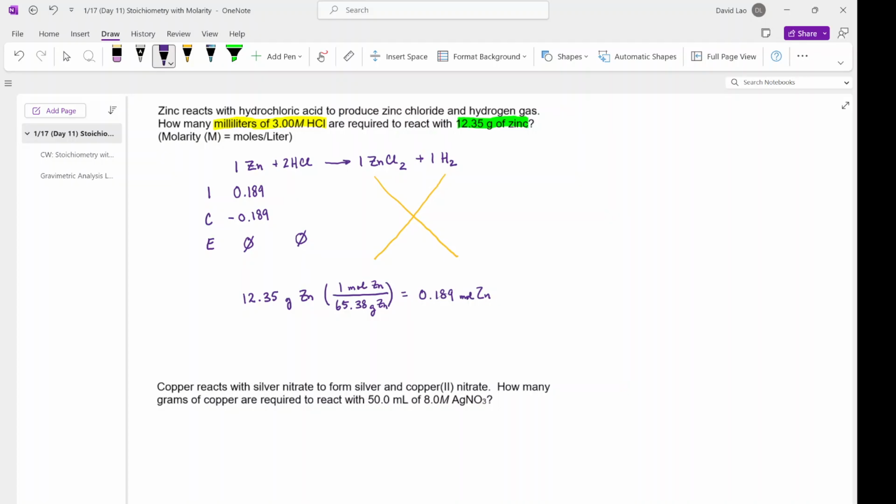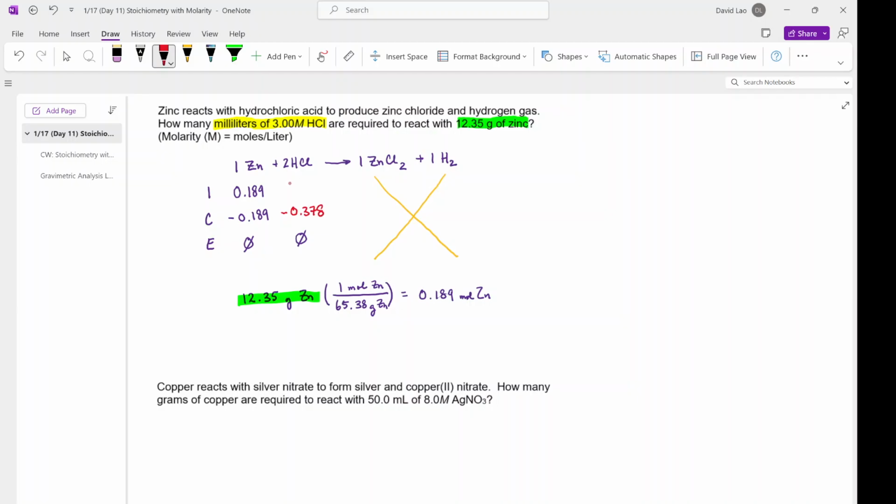Nothing new there. I'm going to put a little green thing here just so we know where that number comes from. Based on our ratios in the table, we know that this should be negative 0.378.